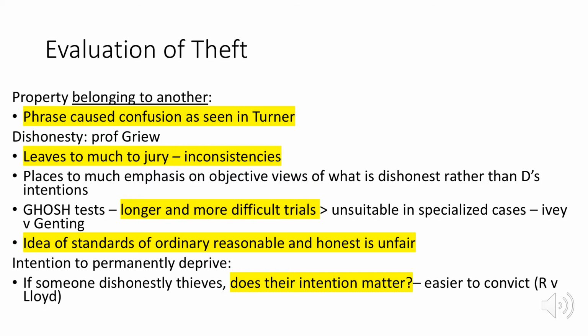And for the Ghosh test, they are longer and more difficult trials, so they're kind of unsuitable in specialised cases, as seen in Ivey Genting. And the idea of standards of an ordinary, reasonable and honest person is unfair.